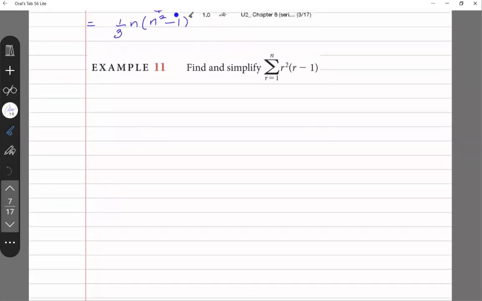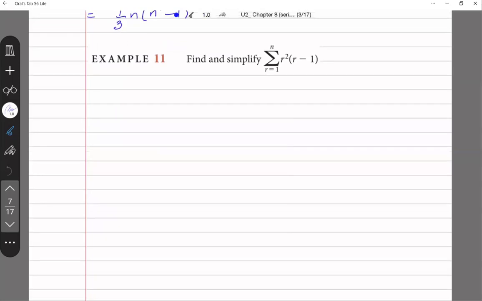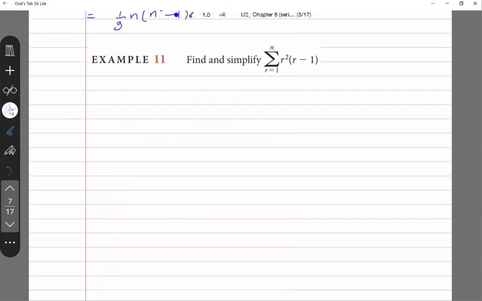So next we're going to look at example 11. We're asked to simplify. And here's what we can say. We can say that this is the same as the sum from r equals 1 to n of r cubed minus the sum from r equals 1 to n of r squared. So this would be n into n plus 1, 2n. No, that's not true.